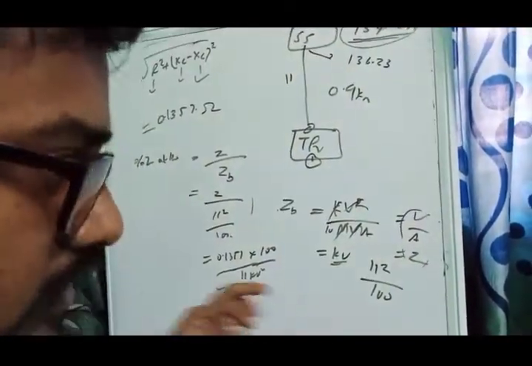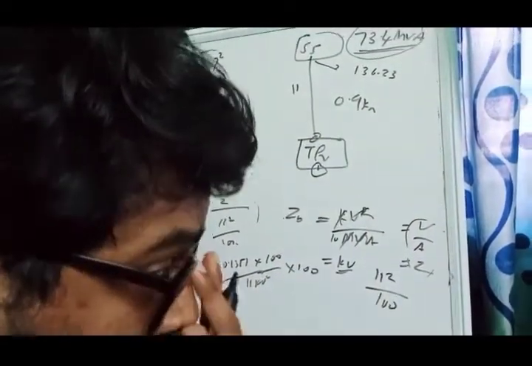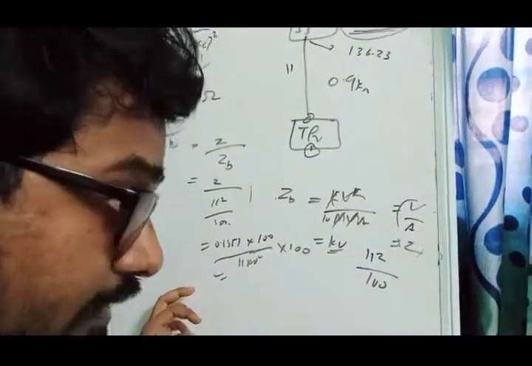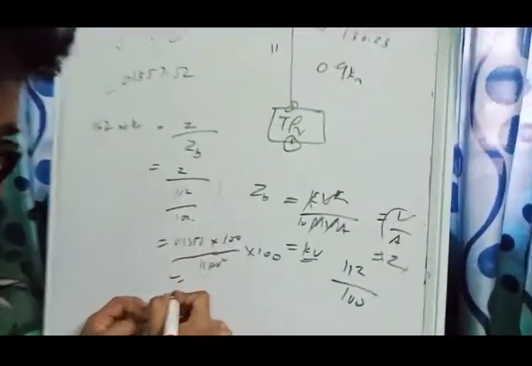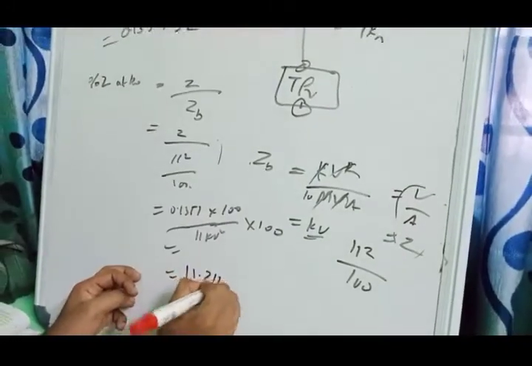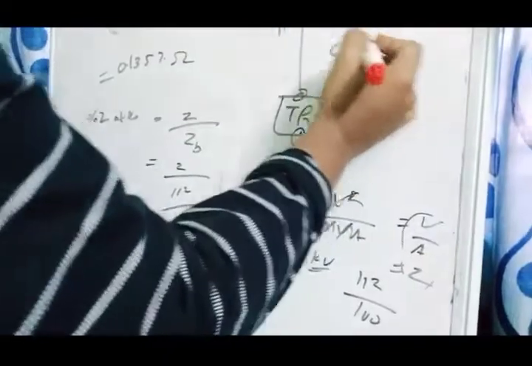And we will have to do another 100 to convert it into a percentage value. So it would be 100 into 100 into 0.1357 by 11 square, which gives 11.214 percentage. This is the percentage impedance of the cable.